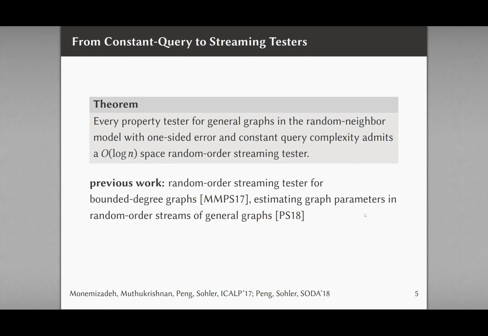And previously this was known for bounded degree graphs. So there's a similar reduction for random order streaming testing in bounded degree graphs. And for general graphs, this was only known for some graph parameters. And an open problem here, you see in the theorem, it says one-sided error, and an open problem here is, of course, to do this for two-sided error.